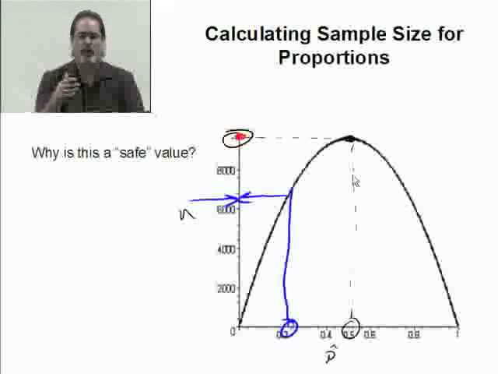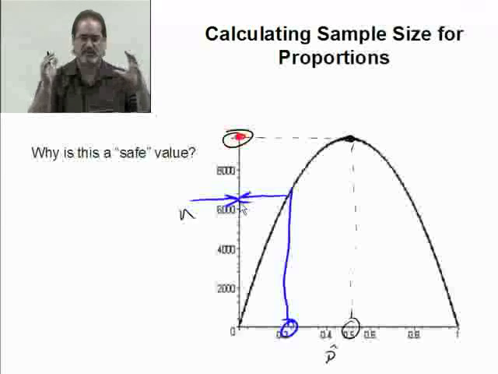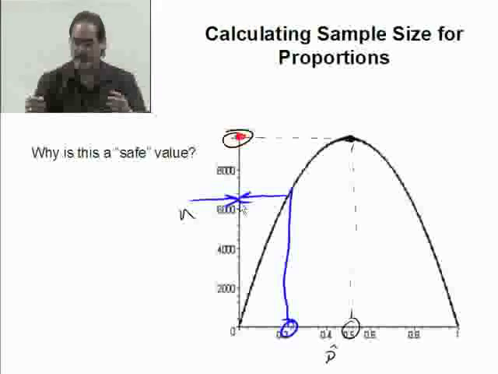If I specified 1.5% for a margin of error and calculated it using 0.5 as my estimate for p-hat, and I actually end up with like 0.22 or 0.21, well, I had more samples than I needed, so the standard deviation is going to be smaller, and I will get a smaller confidence interval. And that's good. A smaller confidence interval is good.